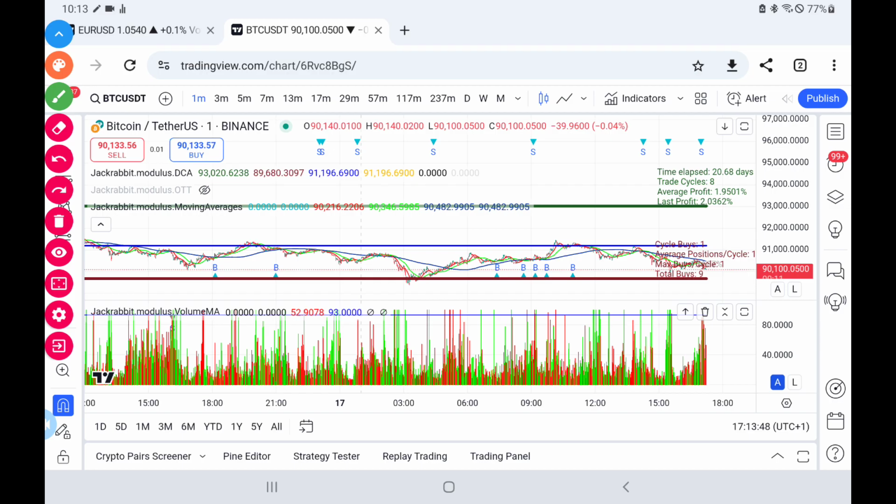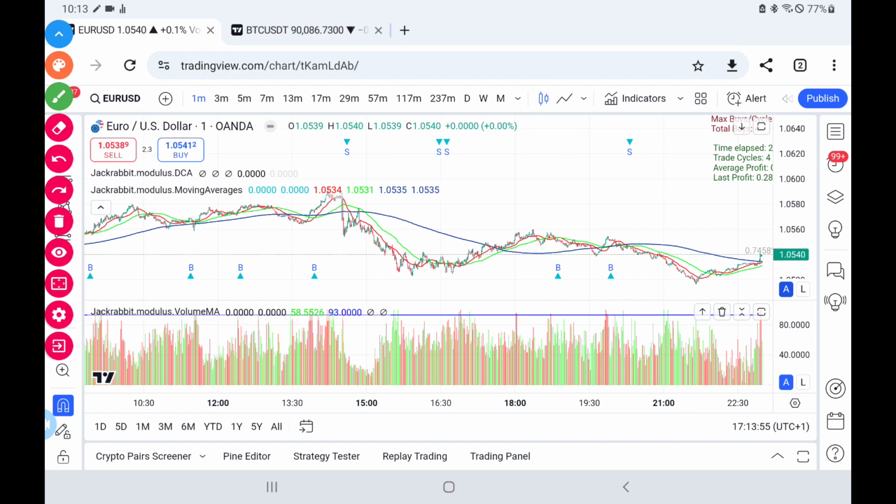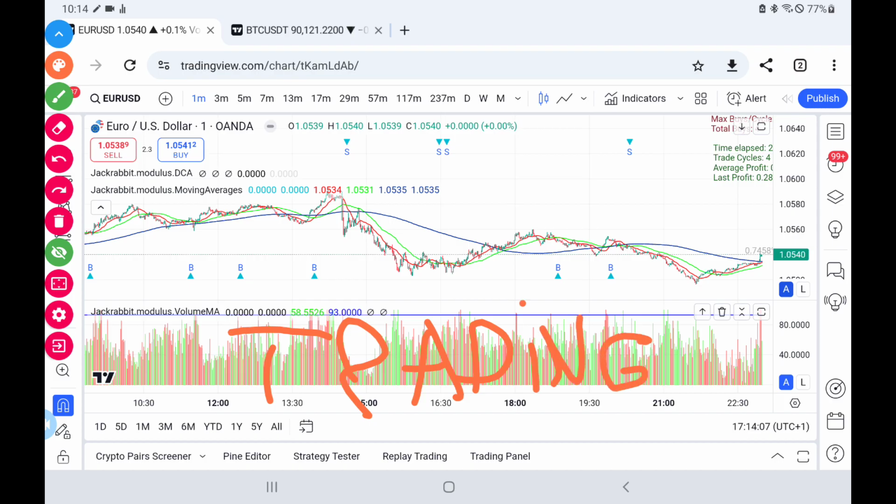And what you're looking at is active trading. And that is the difference. Here you see more volume. This is trading. Aggressive trading. This is what drives this market.